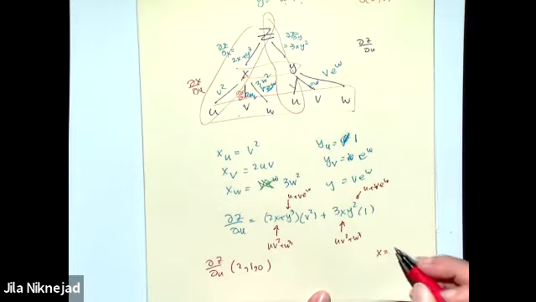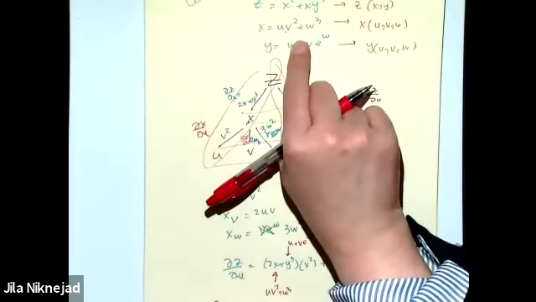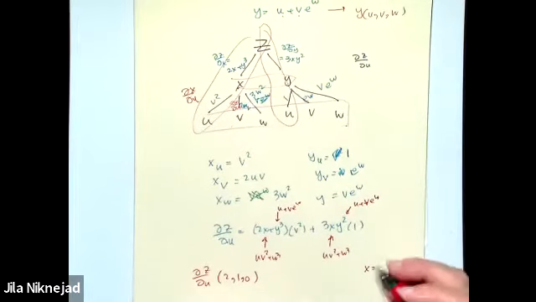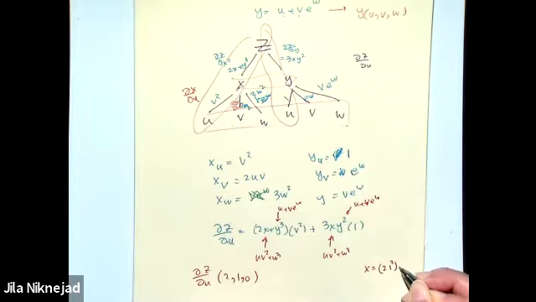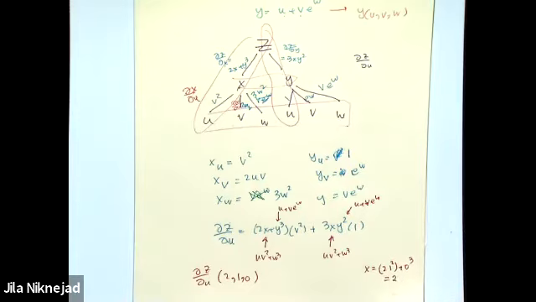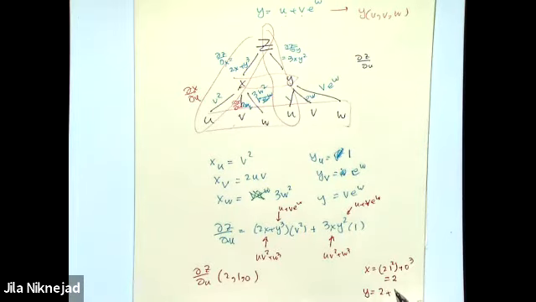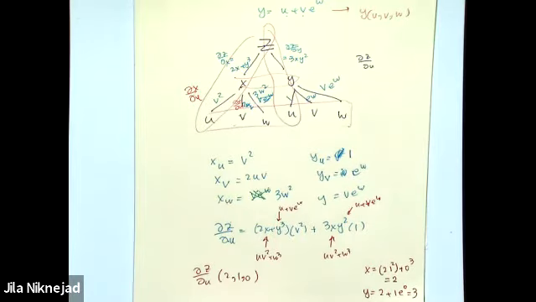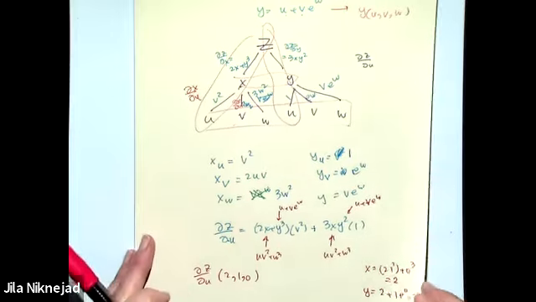X is equal to, plug it into that formula, and that would be 2 times 1 to the power 2 plus 0 to the power 3. That is 2. Y would be u plus v, u plus 1 times e to the power 0. That is 3. So x and y are going to be 2 and 3 in this case.